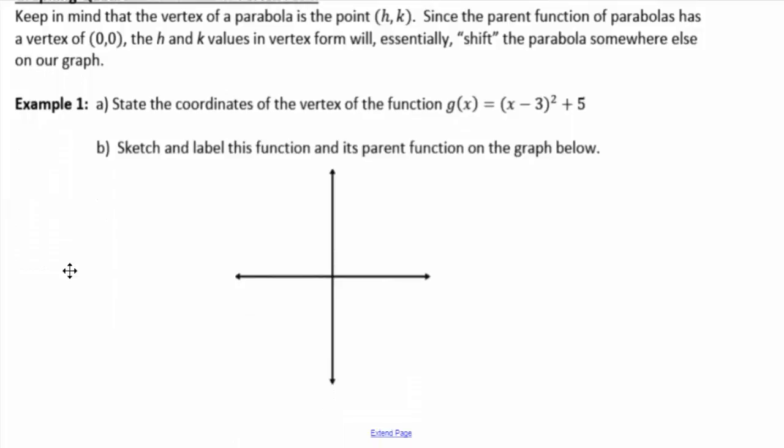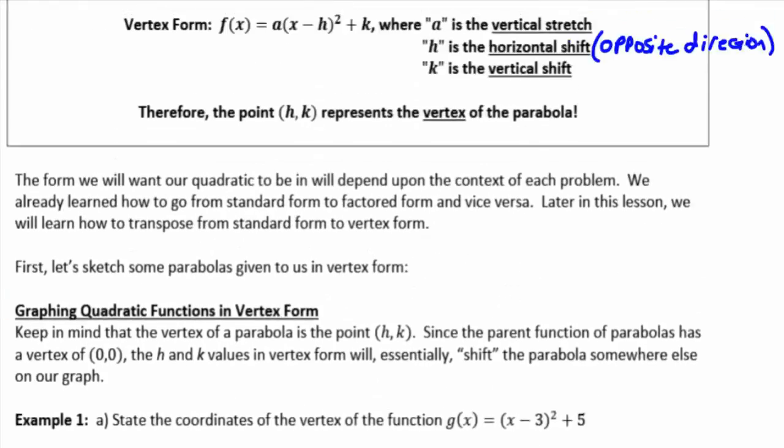In the first one, state the coordinates of the vertex. That's all I want you to do in part A. Looking at this equation, x minus 3 squared plus 5, the vertex is going to be h, k. Whatever the h value is and whatever the k value is, that's the vertex. Similar to circles.